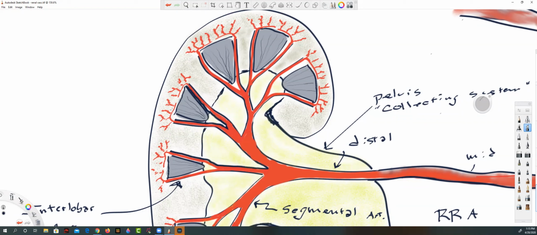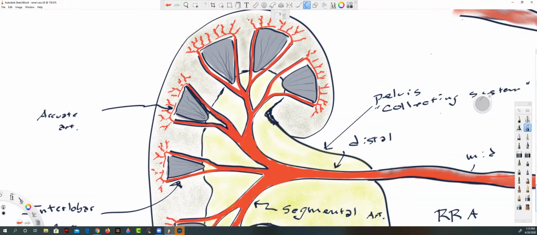This arc, conveniently enough, is called the arcuate arteries. Each one of these at the base of the triangle, triangles are upside down over here, but that's just the way it is. The base of the triangle where it sweeps around is called the arcuate arteries.